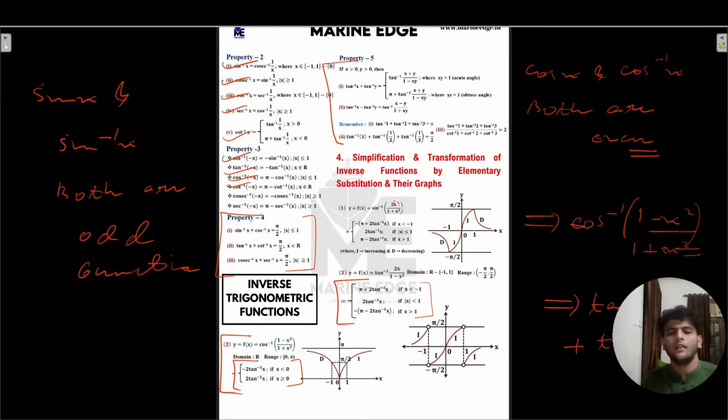That is, sine inverse 2x upon 1 plus x square is minus pi plus 2 tan inverse x when x is less than minus 1, and it is equal to 2 tan inverse x when the domain is defined between minus 1 to 1, and pi minus 2 tan inverse x when x is greater than 1. And f(x) is equal to tan inverse 2x upon 1 minus x square when it is defined for minus 1 to 1. Exactly, okay, so you can actually see here, and you have to remember these cases for some points.